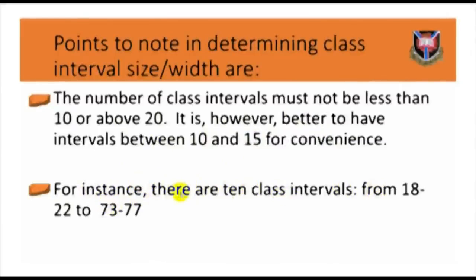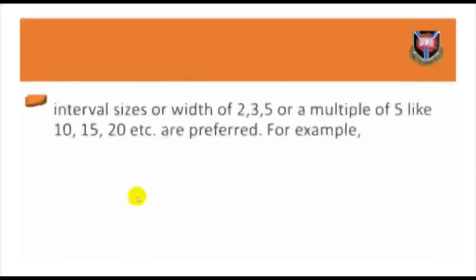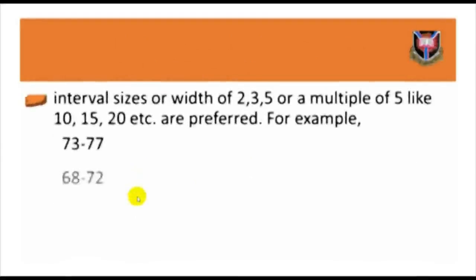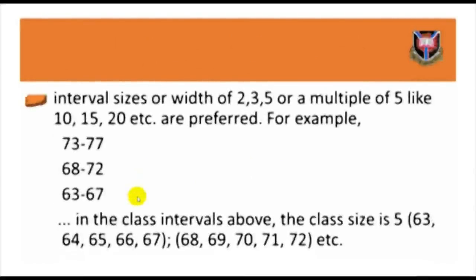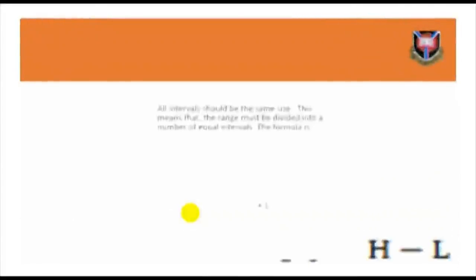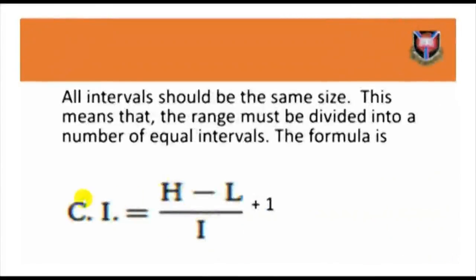B. Certain interval sizes or widths are preferred. These are 2, 3, 5, or a multiple of 5 like 10, 15, 20, etc. C. All intervals should be the same size. This means that the range must be divided into a number of equal intervals.